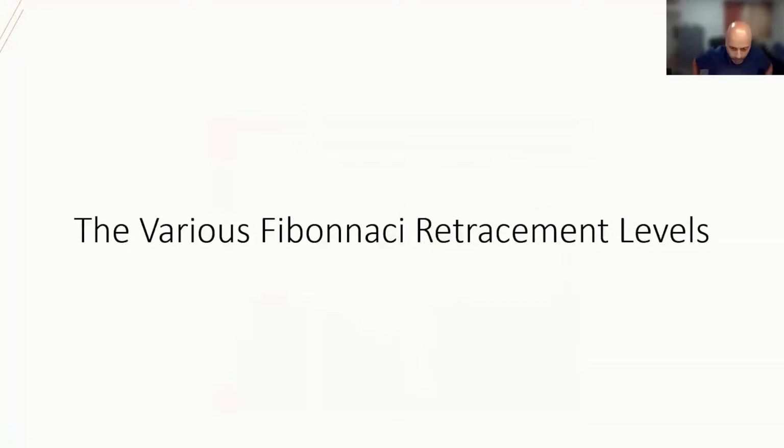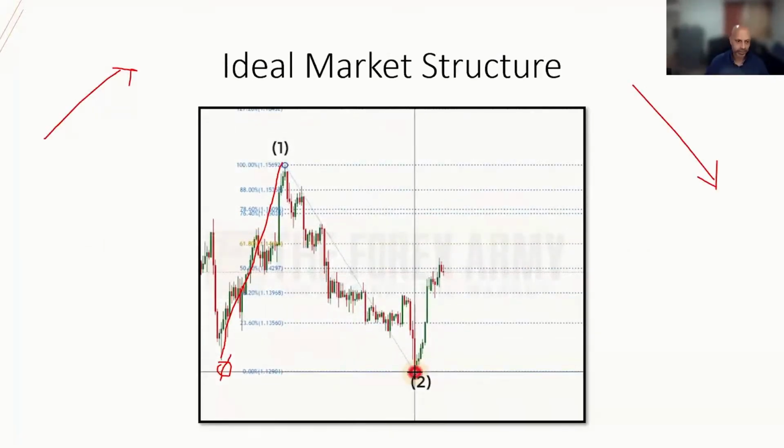All right, so now that we've had a quick look at how to identify ideal market structure, how to identify significant swing highs and swing lows, and also how to draw the Fibonacci retracement in a manner that is going to give us significant retracement levels, we have to identify significant swing lows here.